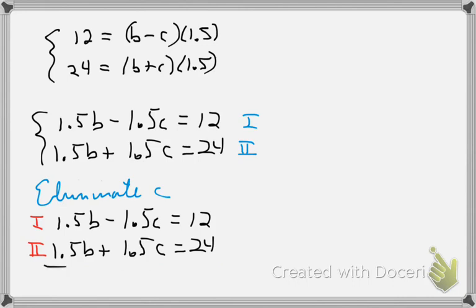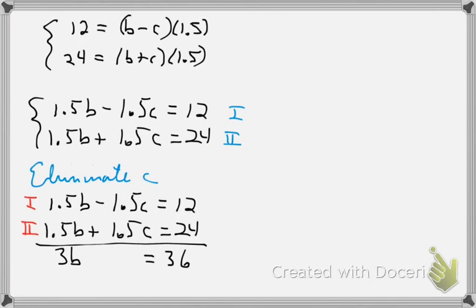If I add them, that winds up being 3b. The C is canceled as planned, and we get 36. Which means B equals 12. You guys agree?